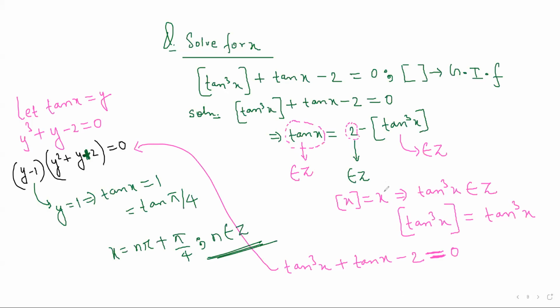So property number 3 is that beta. No, property number 3 is not. Just wait 1 minute. Guys, 1 minute. This is clear, guys? Any doubt? This is clear or not?